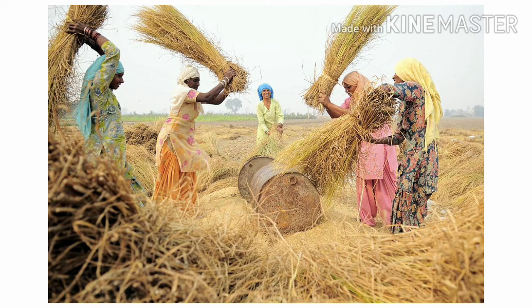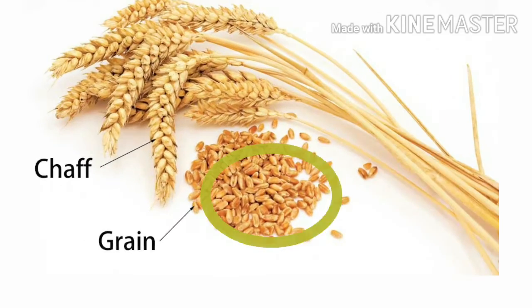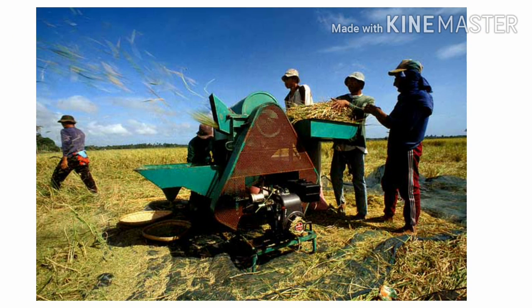It is done manually, where the dried stalks are beaten against a hard surface. The impact breaks the grains from the stalk and husk. In big farms, thrashing is done using thrashing machines.